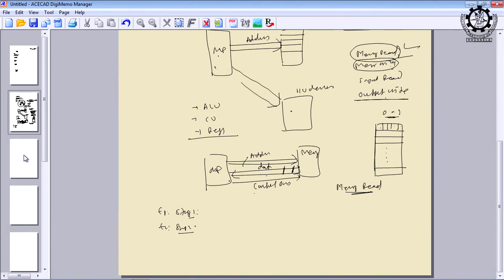So, memory read control signal will be issued by the microprocessor, and through control bus it will be transferred, and the location is now getting prepared to send the data to the microprocessor. That is step 2, and this happens at time t2. Remember, t1 is not equal to t2. Okay. So, then at time t3, the data is transferred to the microprocessor.